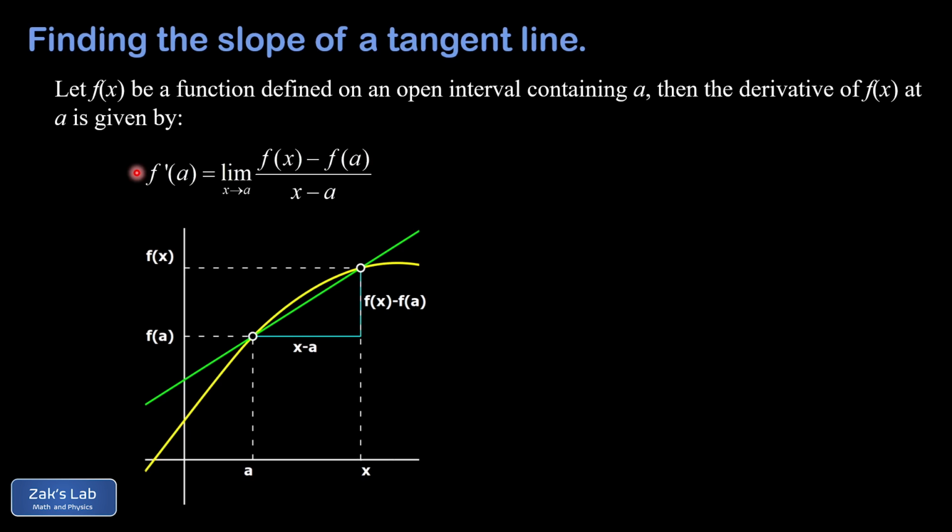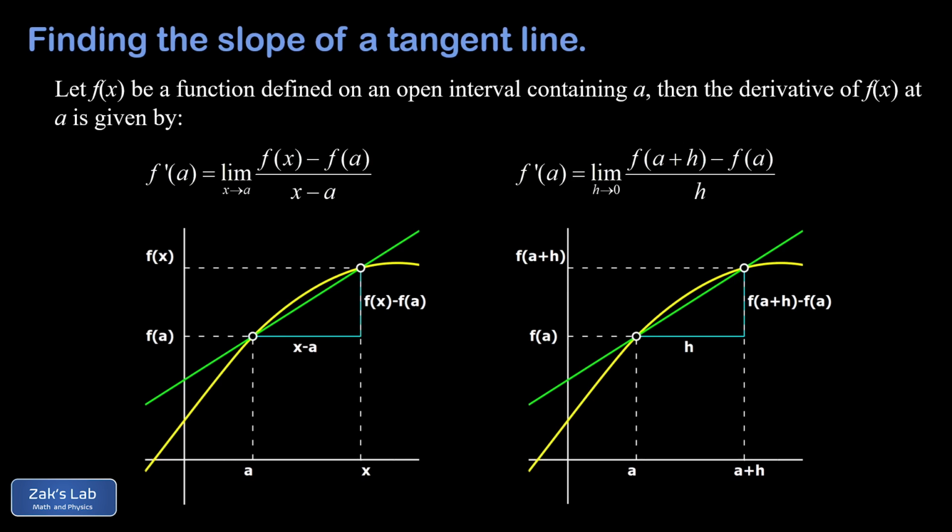Now there's an alternative way to write this limit that could be more convenient depending on the context of the problem. So here's our alternative definition, but it's expressing exactly the same thing geometrically. We're still focused on taking the limit of slopes of secant lines to find the slope of the tangent line at a, but this time we call the shrinking interval width h.